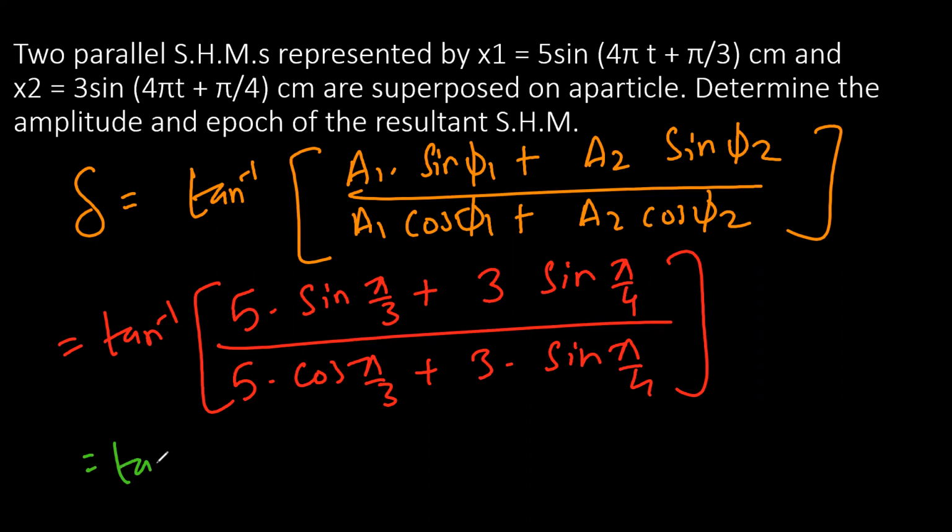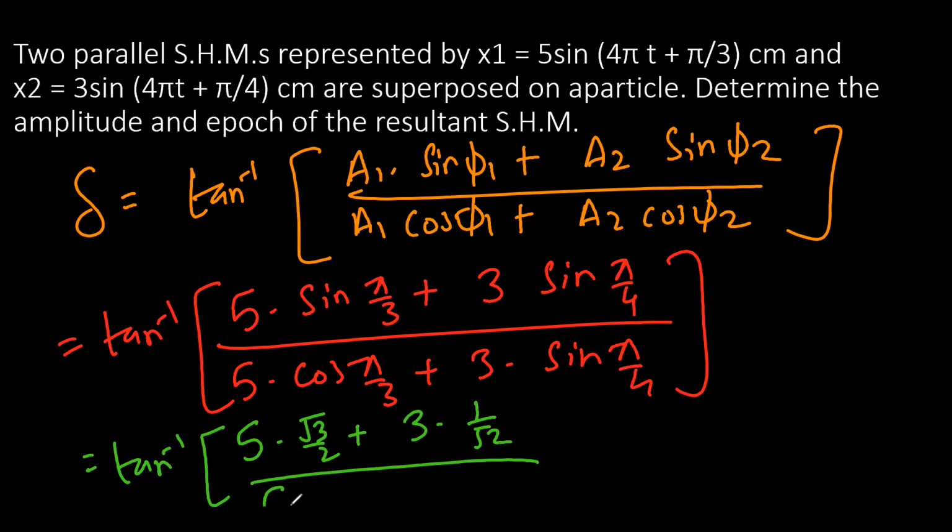So that is tan inverse. Now sin pi by 3, that is sin 60, which is root 3 by 2, plus 3 sin pi by 4, that is sin 45, which is 1 by root 2. So this is 5 cos pi by 3, cos 60 is 1 by 2. Sorry, this is cos, I said sin by mistake. And cos pi by 4 is also 1 by root 2.